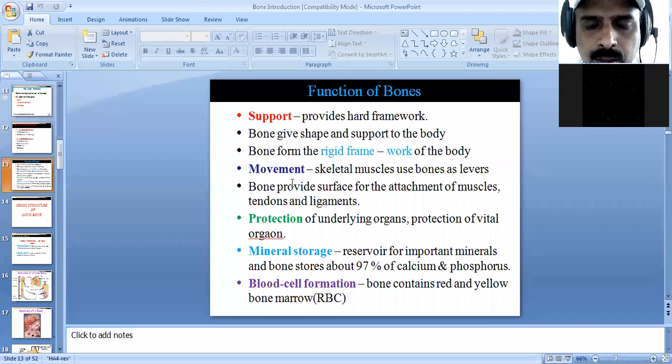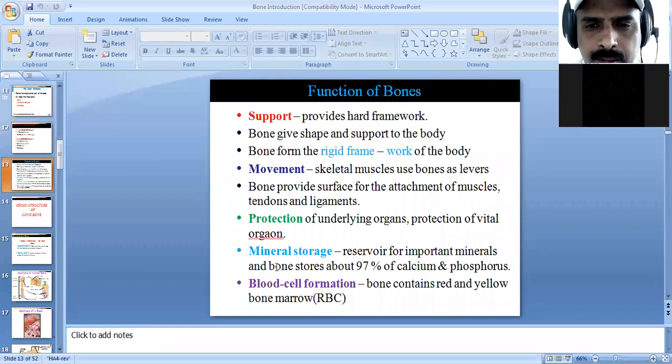Vital organs like the brain and the heart are under the covering of the thoracic cage, and the skull protects the brain. So the vital organs are protected.